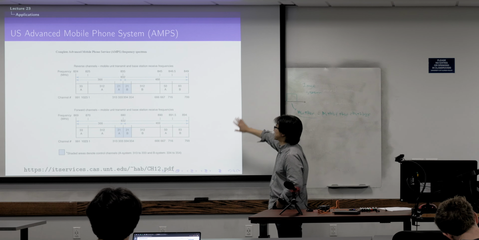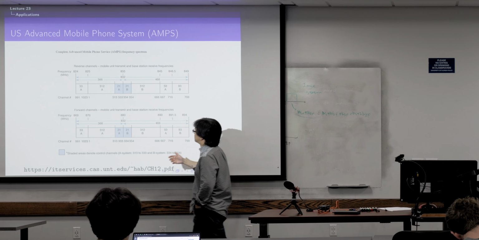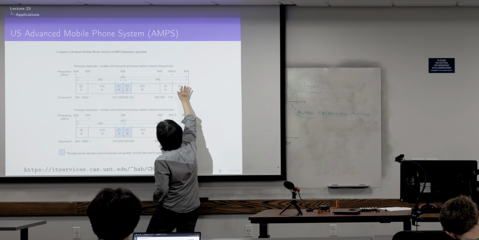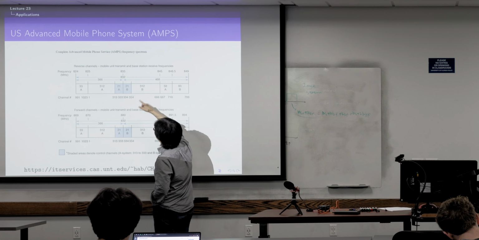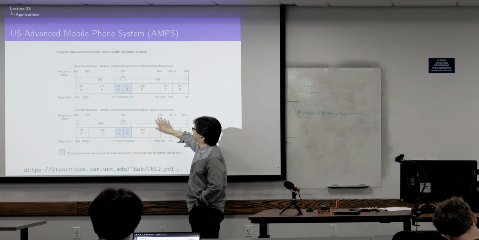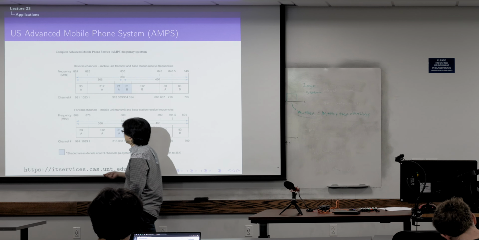And here is the frequency planning for the AMPS. The important thing here is that you can see the starting frequency component and the end frequency component for the reverse channel. Reverse channel means from the mobile phone to the base station, and forward means from the base station to the mobile device.